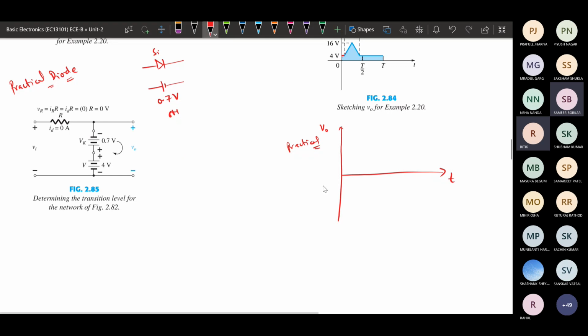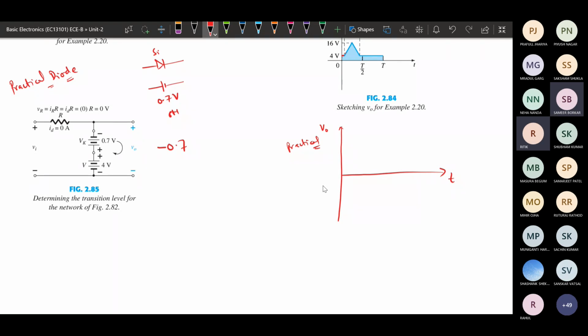For KVL, first of all we need to have each component with its positive and negative sign. Once we have that, we can start from any terminal. So from 0.7, suppose we are starting, the exiting terminal is negative, so we write negative 0.7, because this is the current direction and we can move in the correct direction only.